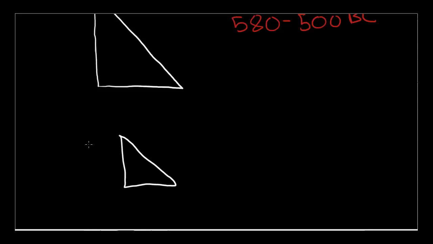Let's make this a typical 3, 4, 5 triangle. You can call this side A, this side B, and the hypotenuse C.